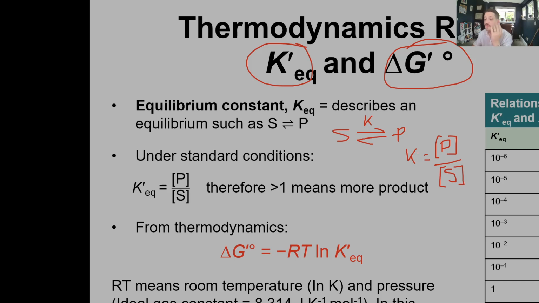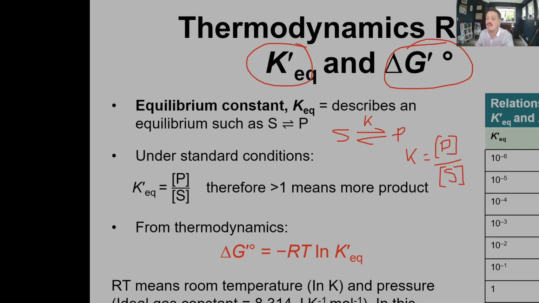Just do a little bit of math in your head or on a piece of paper in front of you. If the numerator is big and the denominator is small, then K is going to be big. So if you have more product and not very much substrate, that's saying that the reaction is going forwards, and K is bigger. If P is big, K is going to be big.